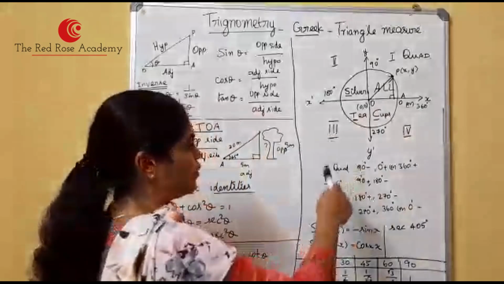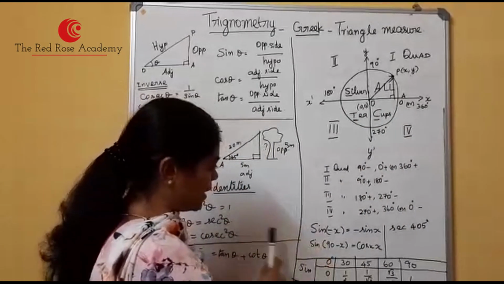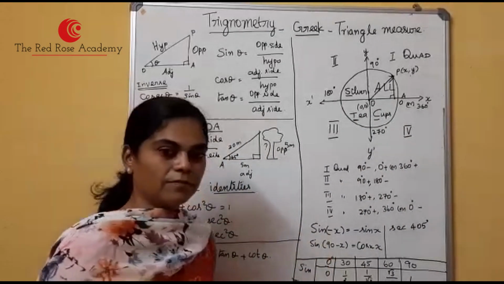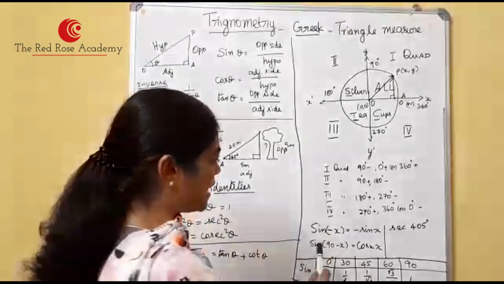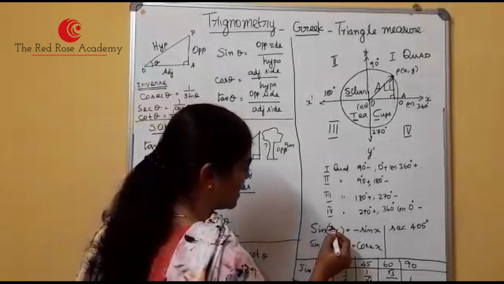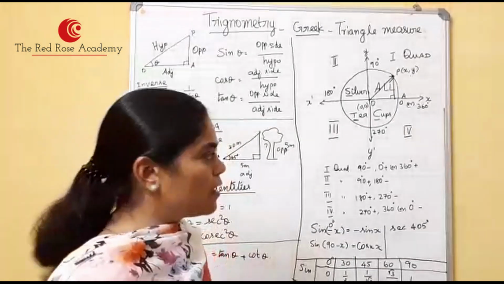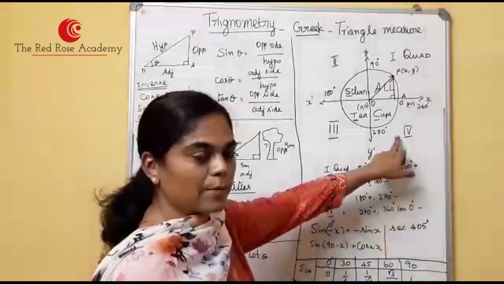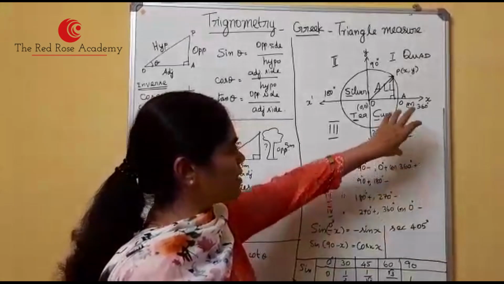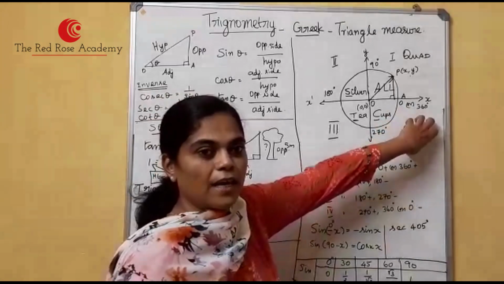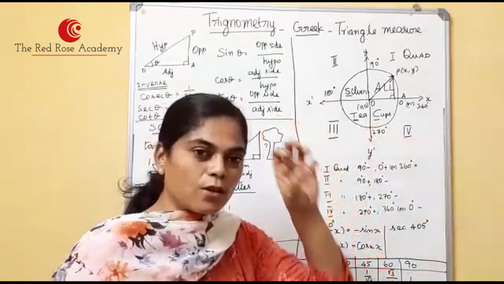See, for example, if you are asked to find sine of minus x. What is sine of minus x? Here we may consider 0 degree minus x. What is the quadrant first? Tell me. 0 degree minus x is the fourth quadrant. So first you just fix the quadrant.